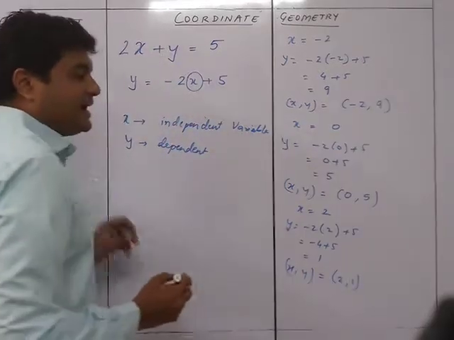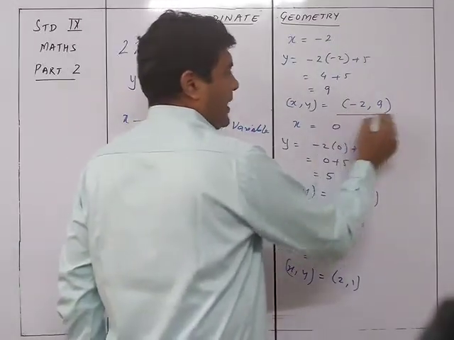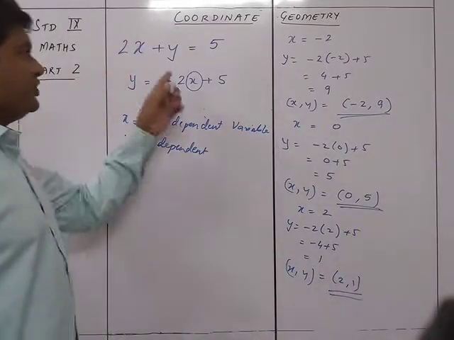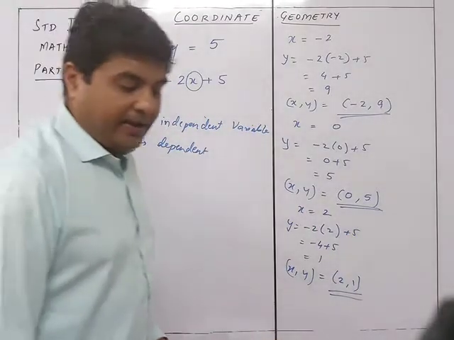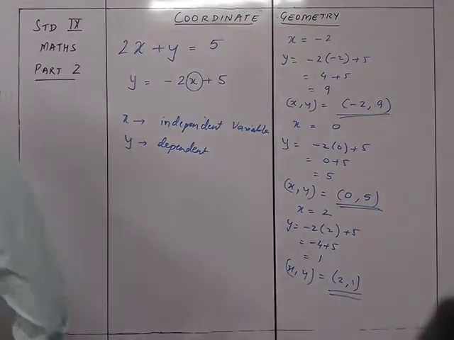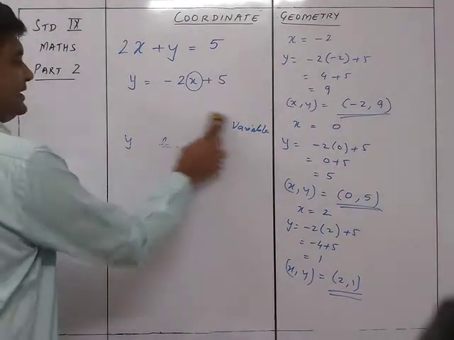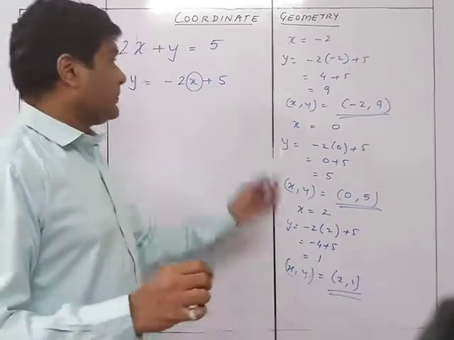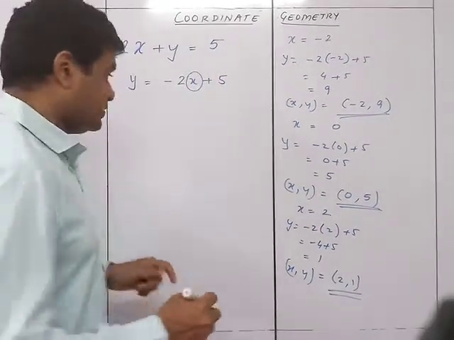So you can see that now I got three points, first point, second point and third point of this particular equation. And if I plot these three points, I will get a line which is represented by this equation. So let's see this.